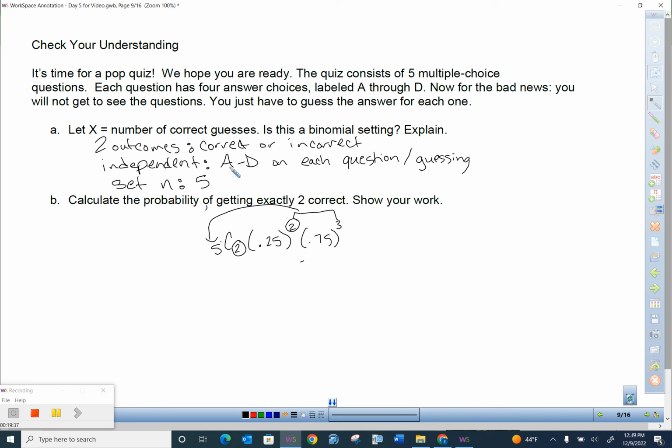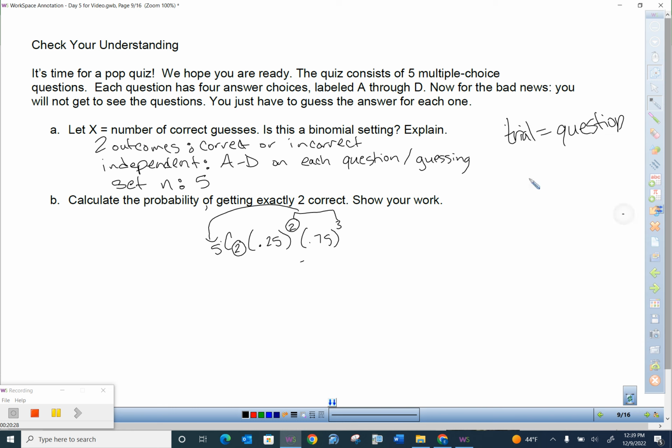Well, independent means that the probability of the thing happening doesn't change between trials. So you have A through D on each question and you're guessing. That means the probability is going to be the same every single question. And then you had to have a set number, and that was 5 for us. Okay, so using our formula, the combination part, 5 is our total number of questions. And I'm going to add on here, a trial is a question in this case.